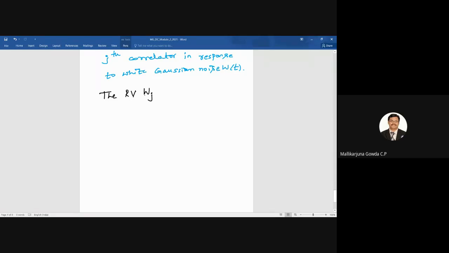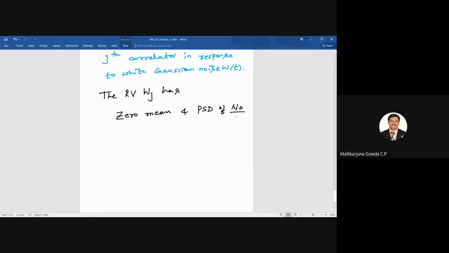This random variable wj has zero mean and a power spectral density, PSD, of n naught by 2.